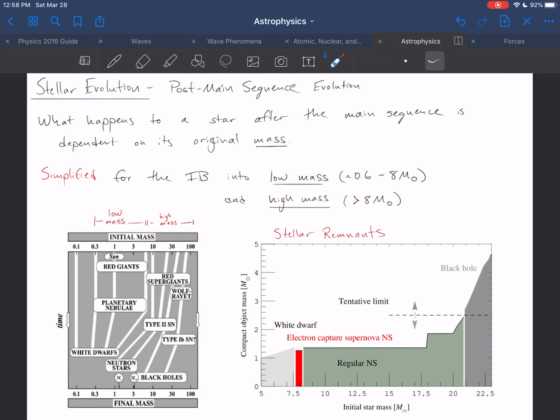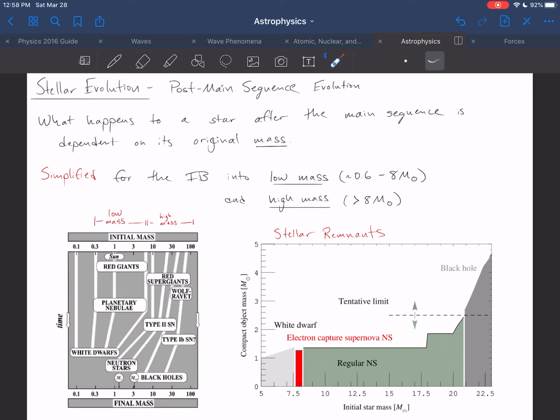All right, so over the next series of videos we're going to talk about what happens to a star after the main sequence and how it depends on the original mass. Although the story is very complicated, it is simplified for the IB into two general categories. Low mass, that is stars between about 0.6 to 8 solar masses.